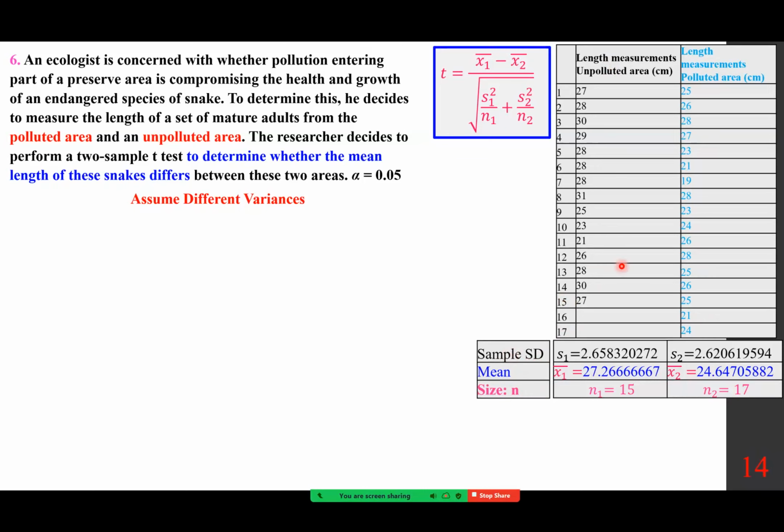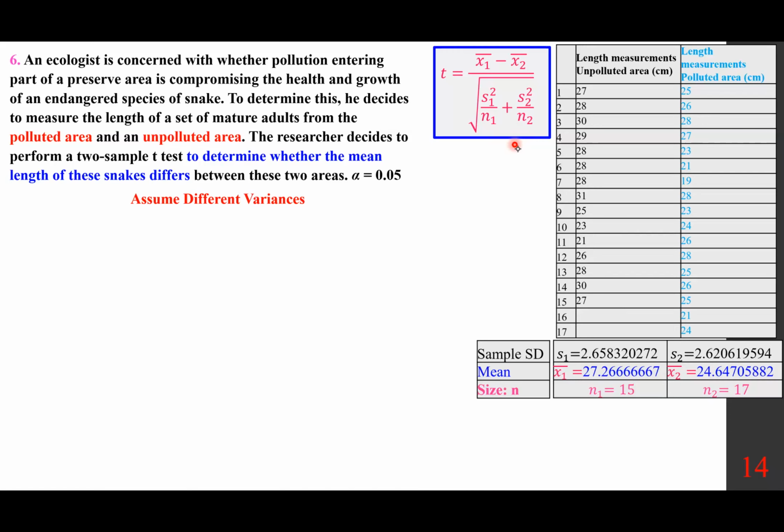So for this group, S1 and X1 bar are calculated. For this group, S2 and X2 bar are calculated. And n1 was 15, n2 was 17. And here's the formula, everybody remembers the formula: t is X1 bar minus X2 bar over the square root of S1 squared over n1 plus S2 squared over n2.